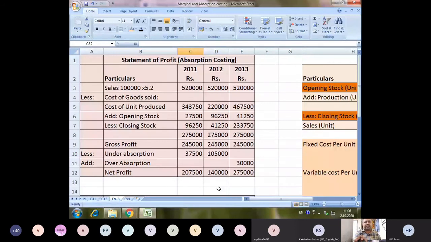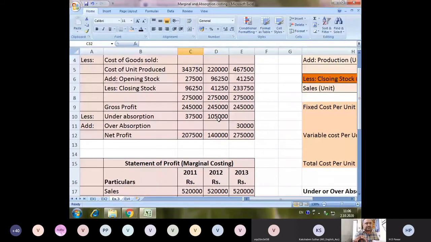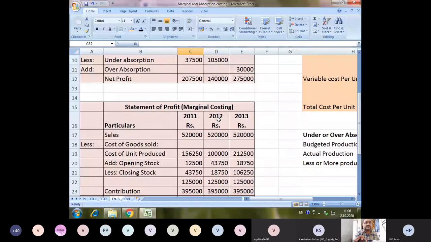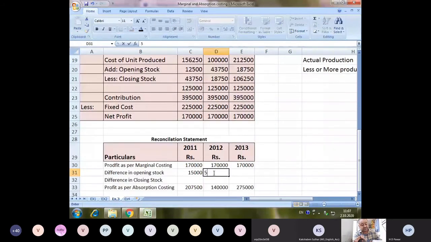96,250 and 43,750. 96,250 minus 43,750. The difference is 52,500.